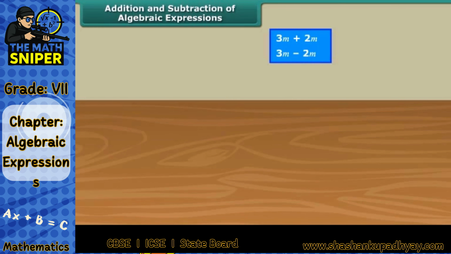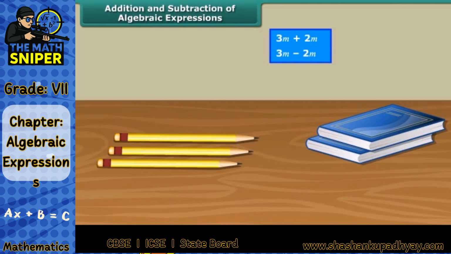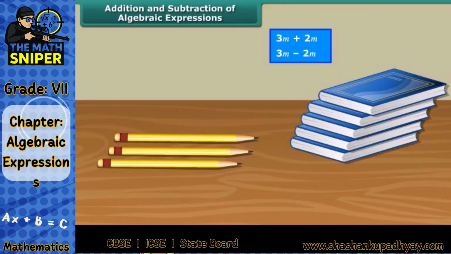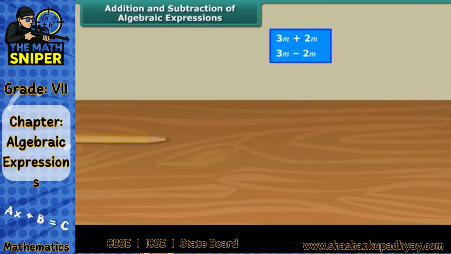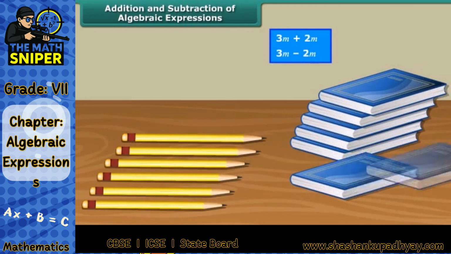On a table, we have 3 pencils and 2 books. We cannot add the 3 pencils to the 2 books because they are not the same kind of objects. Now, if we get another 3 pencils and 5 books, altogether, we now have 6 pencils and 7 books.